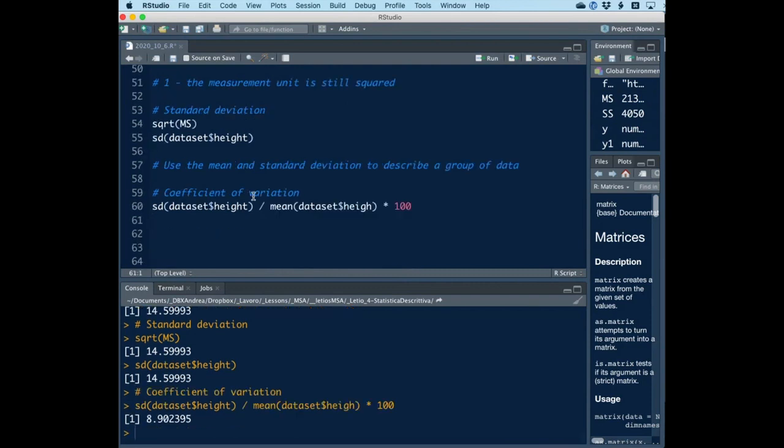So what I see is that in this data set, we have 8.9% coefficient of variation. So it says a lot here. And for example, when you buy chemical instruments, the variability of the instrument is measured by using the coefficient of variation.